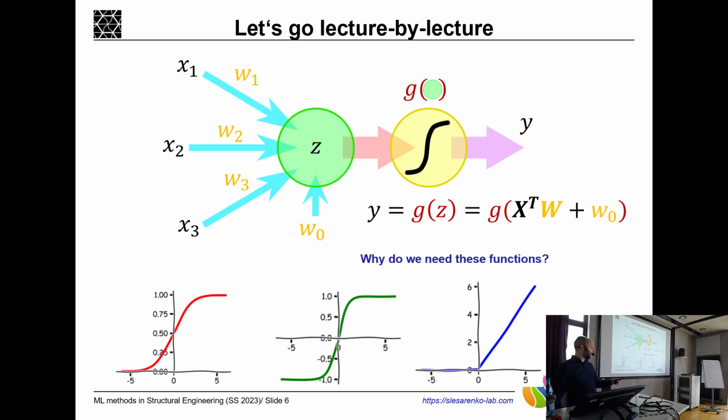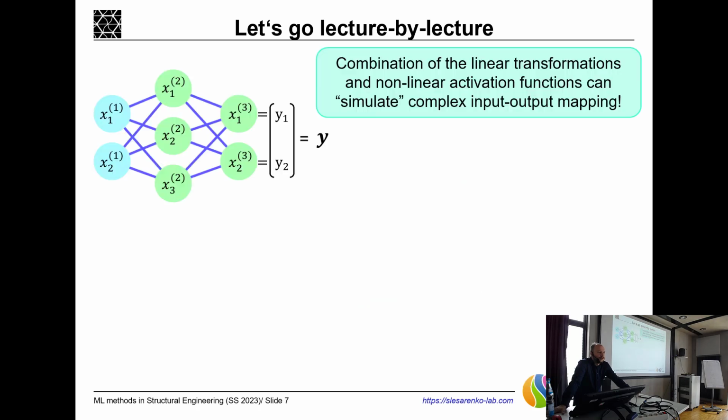Why cannot we have just the identity function somewhere here? So, okay, we just have this linear combination. Why do we need to add nonlinearity?